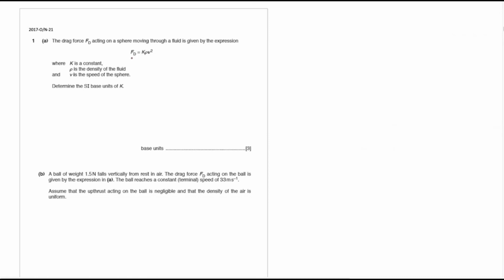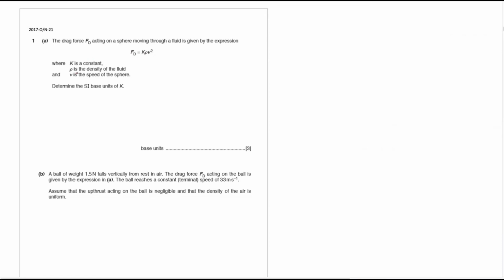I also call it air resistance. And that time we also discussed that it is affected by the velocity of the object. If the object is moving faster, the air resistance is larger. So you can see the velocity is there. The speed of the object will affect the drag force.